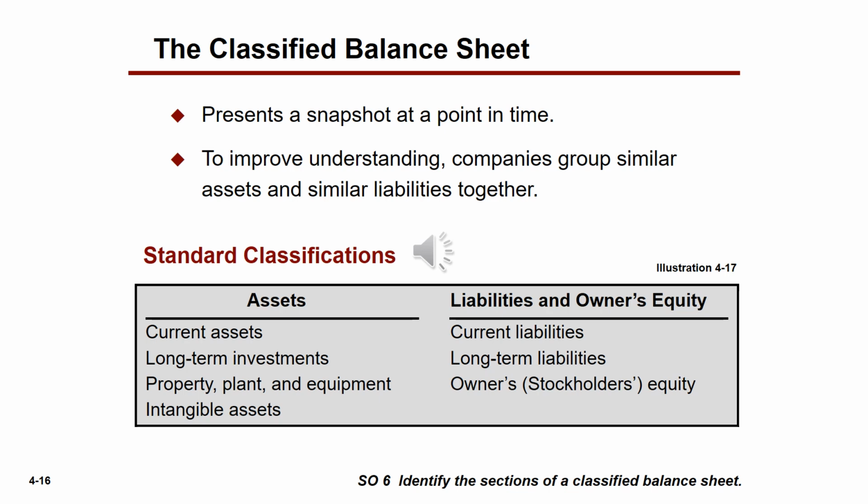And the standard classification, most of the time, is that the asset section of the balance sheet will be broken down into 4 sections: current assets, long-term investments, property, plant and equipment, and intangible assets. So these are the 4 main sections. Whereas for liabilities and owner's equity, we break down the liabilities section into current liabilities and long-term liabilities.